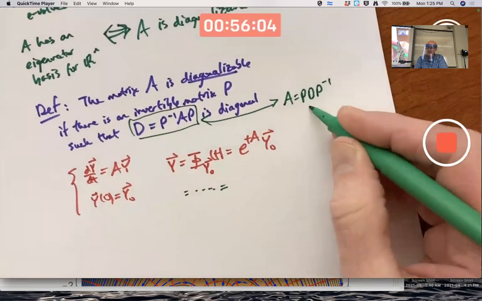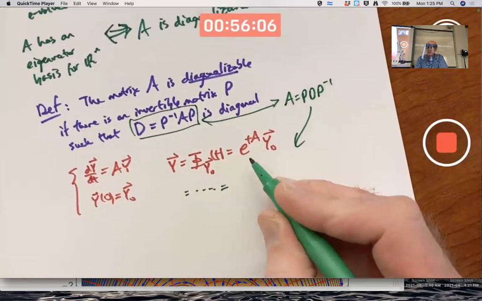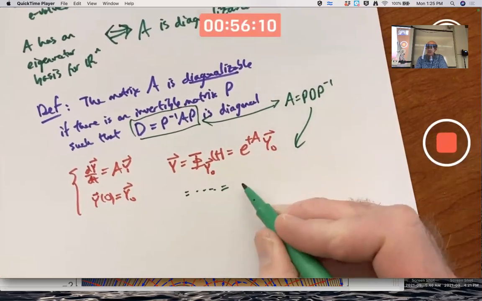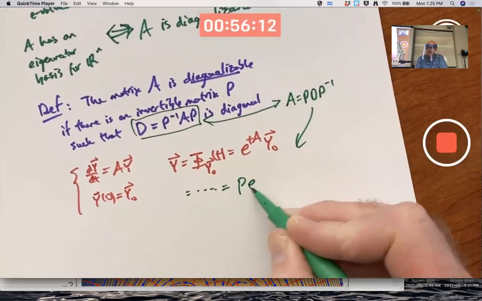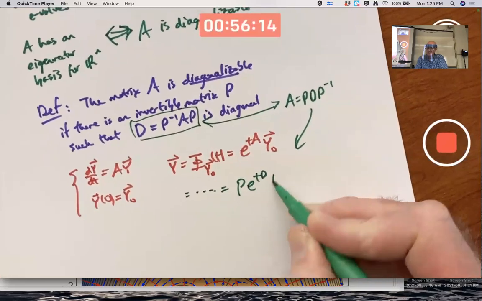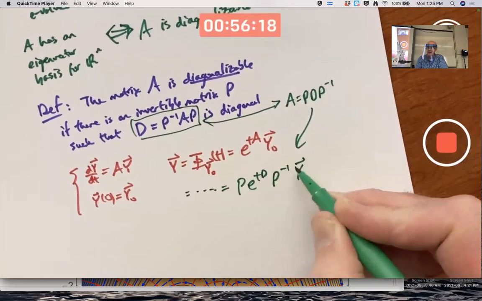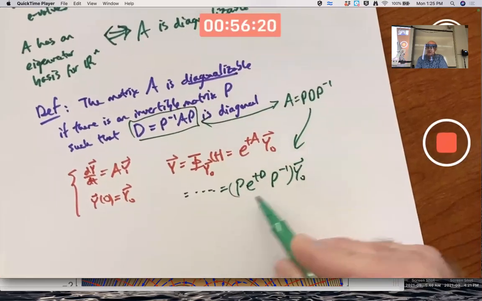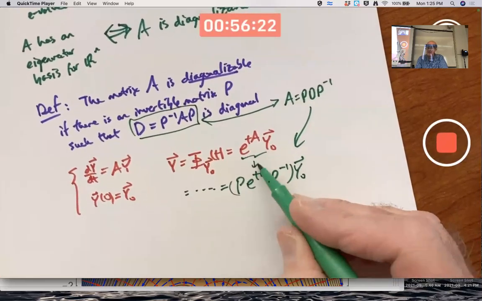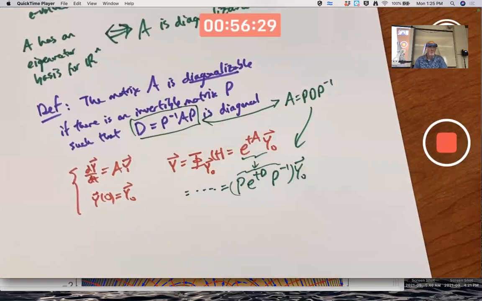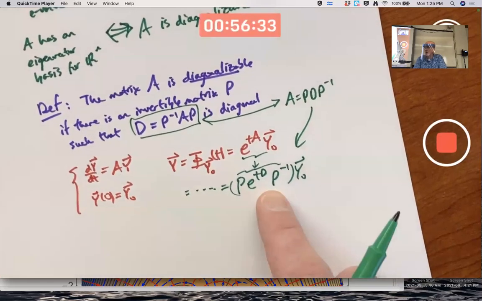And because of that, you can show how to compute the matrix exponential using the fact that e to the tA is really P times e to the tD times P inverse. And that gets multiplied by y0. That's the way to compute it. If you had to compute it by hand, that's the way to go. We've often relied on technology, but by hand, that's the way to go.